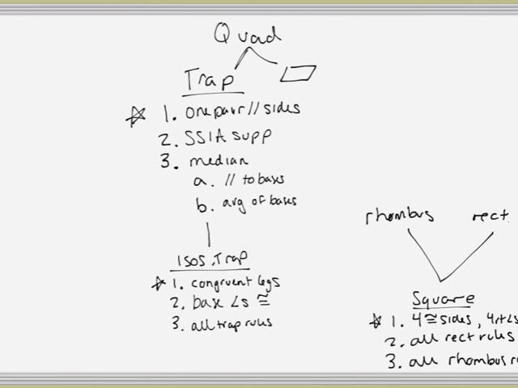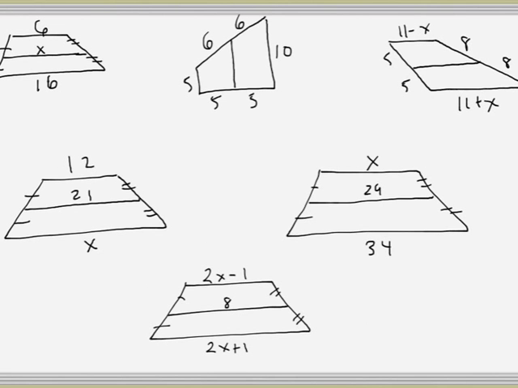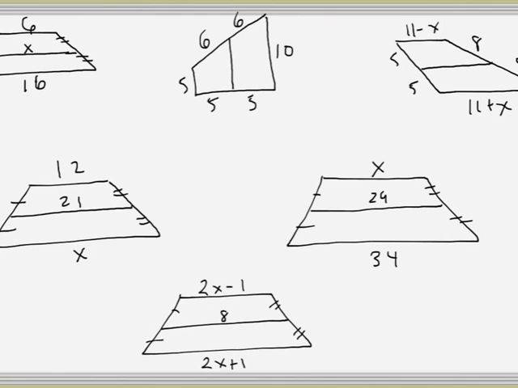What does letter B under trapezoid say? Average of bases. All right, so let's do some examples now with trapezoids and finding medians. In this first one, we want to solve for x.